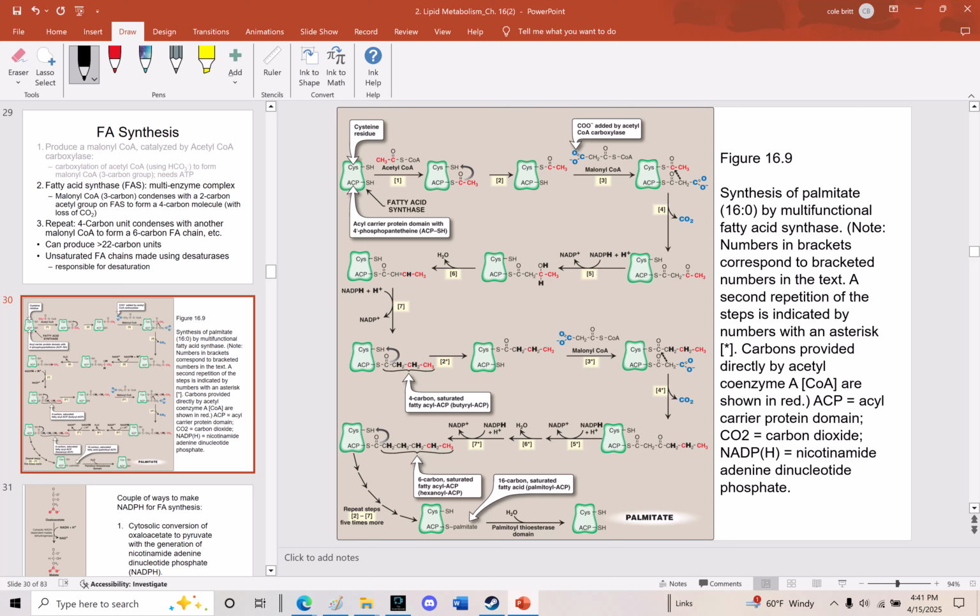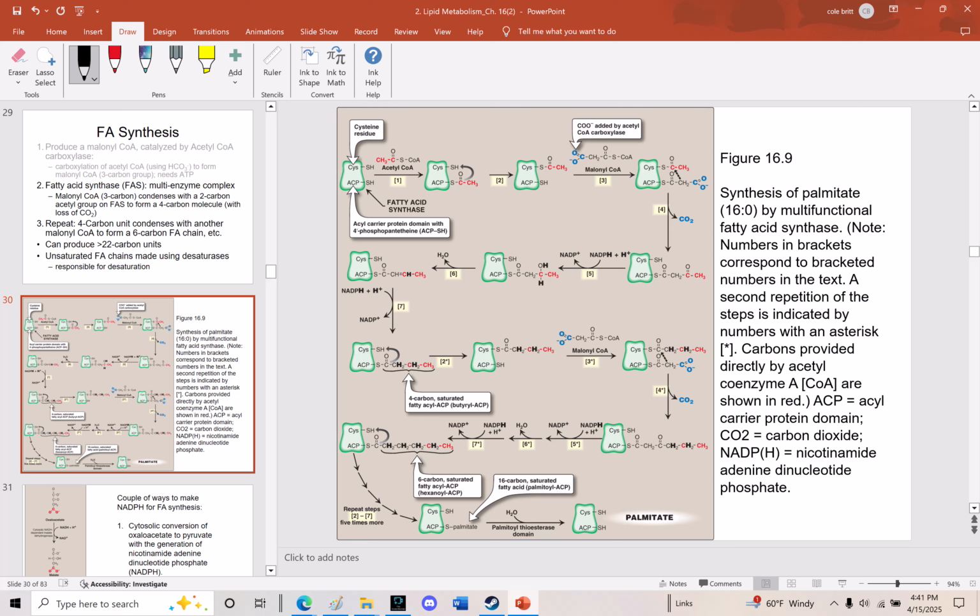And fatty acid synthase is going to take these two, condense them, and it's going to make a 4-carbon. And so we're actually going to lose 1 carbon here. But it's going to do this over and over and over. So this is the fatty acid synthase that's doing this. And then it's going to do it again.